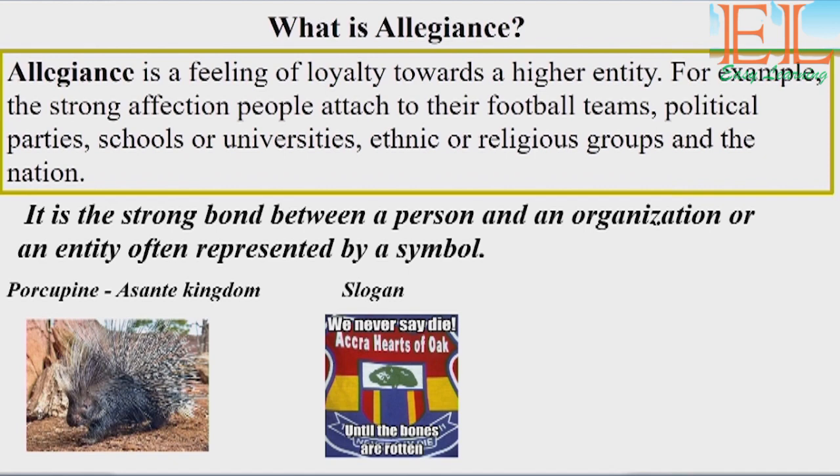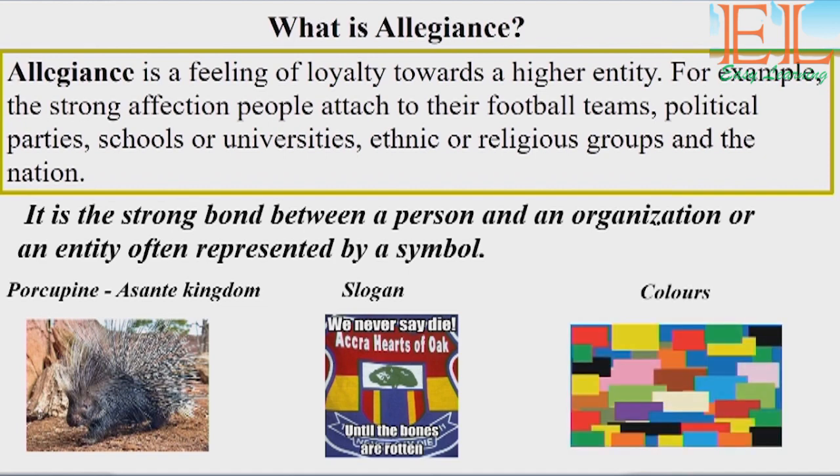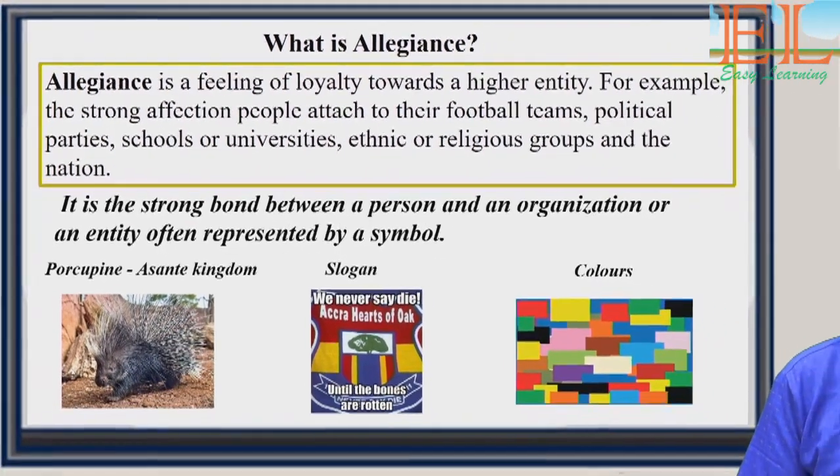I'm sure you've heard this slogan very often when they are playing football, and that is the symbol of Accra Hearts of Oak. Thirdly, you have different types of colors, and that shows that various groups, organizations and associations are represented with some of these colors.